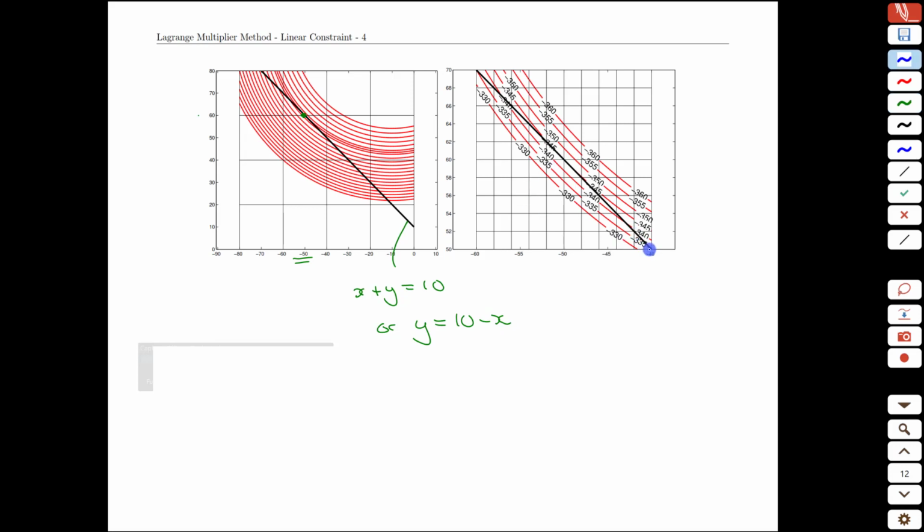As we're moving along this contour, we can see that we're at height negative 330, 335, so this is downhill in this direction. And as we move along this line, we can see that we're going from negative 335 to negative 340, and we just touch negative 345, and that's right here. This location is our point negative 50, 60, and we see that we're going down as we reach this point, and then we can never get any lower than that.